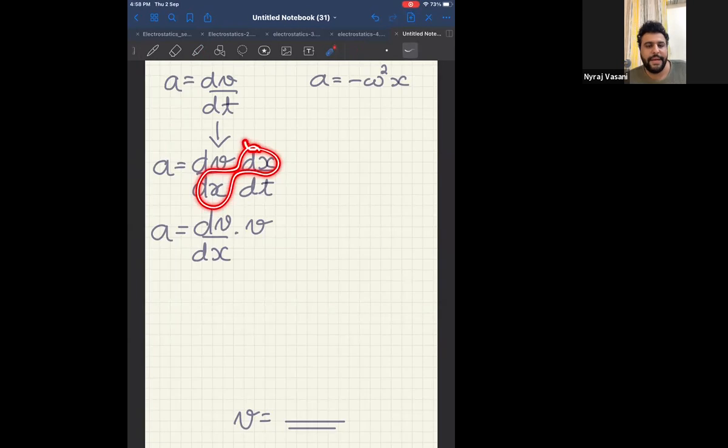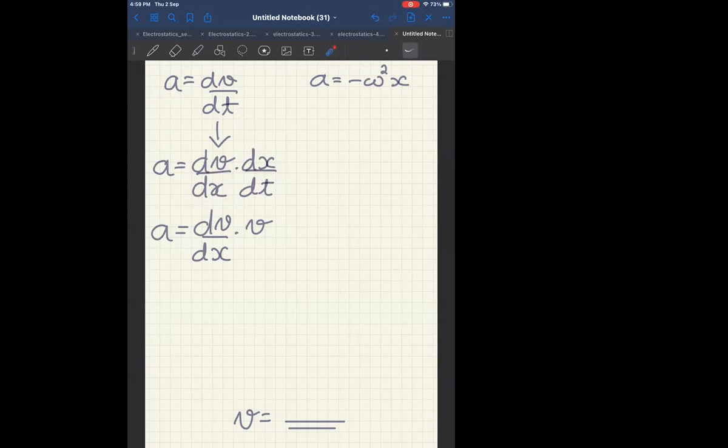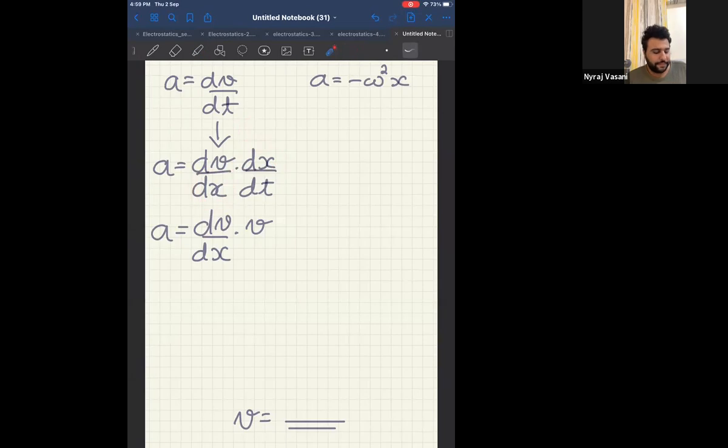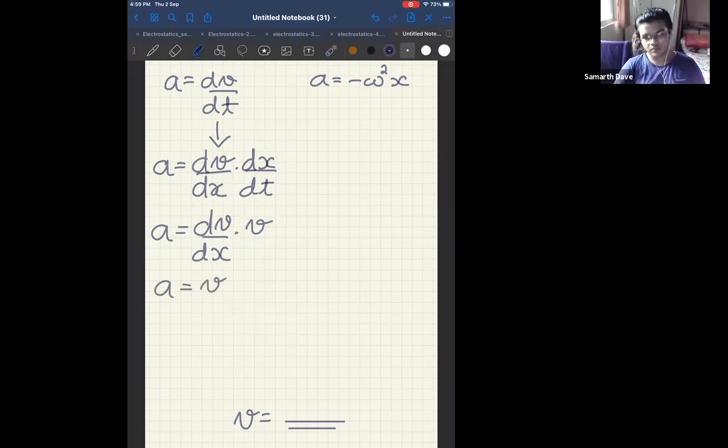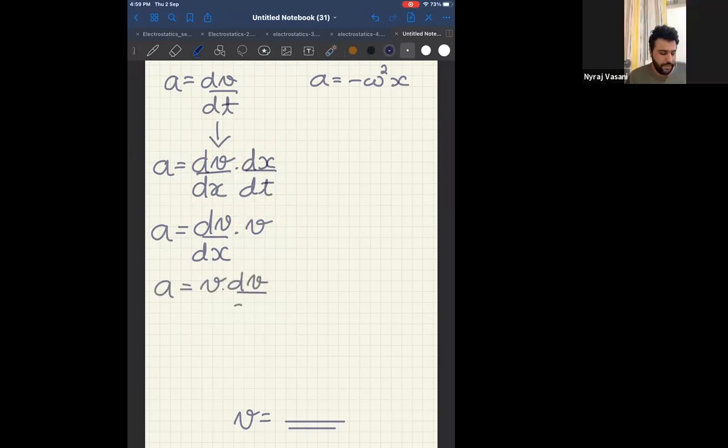If I multiply and divide by the same number, the value remains the same. So dv by dx I write as it is. Can I say dx by dt can be written as velocity? Because velocity is nothing but dx by dt. Therefore, can I say my value of acceleration is v into dv by dx?